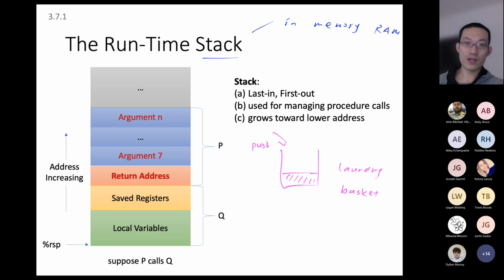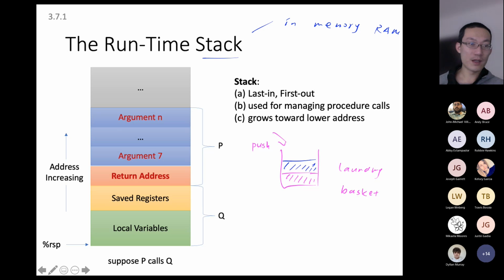You push an item into your basket. You can think about this basket to be an array. And next time you put another piece of clothing or data item into the basket, the blue one.